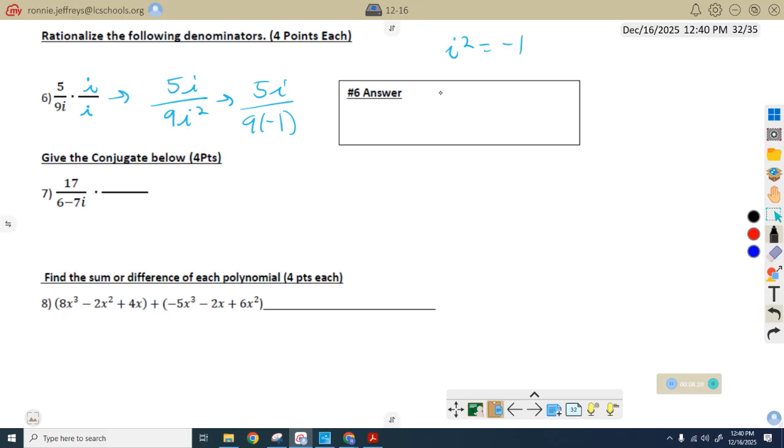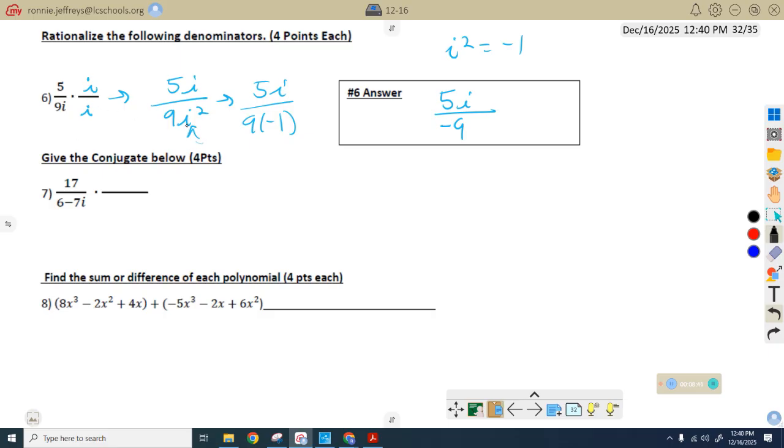So my answer should be 5i. Basically what you're going to do is multiply top and bottom by i.